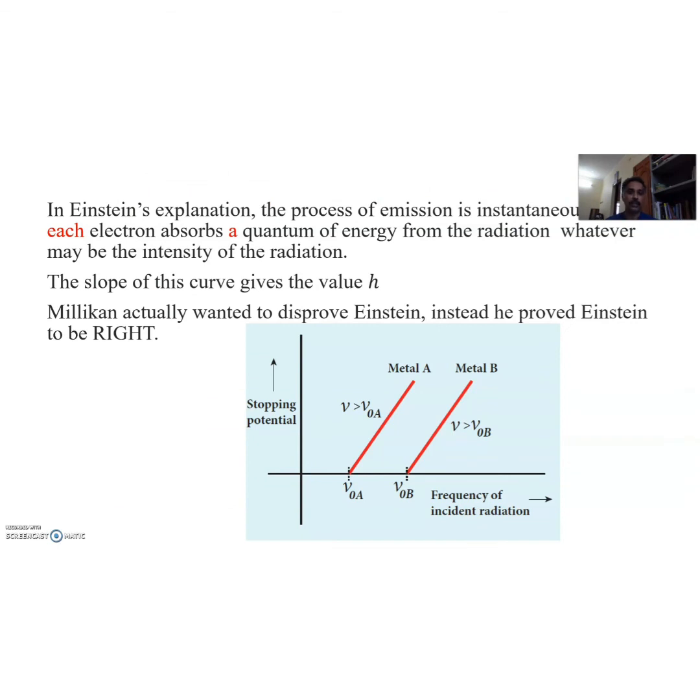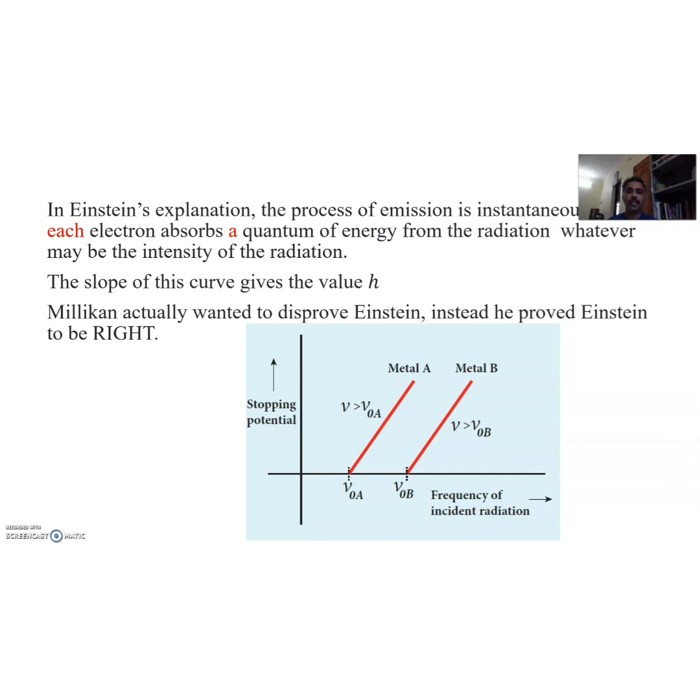In Einstein's explanation, the process of emission is instantaneous. There was no time lag, right? Since each electron absorbs a quantum of energy, as the quantum of energy falls on an electron it absorbs this energy, and if this quantum is greater than the work function of the material, then the emission takes place.